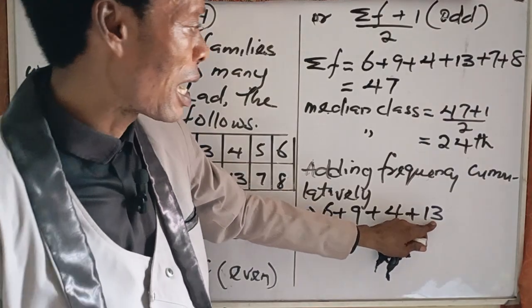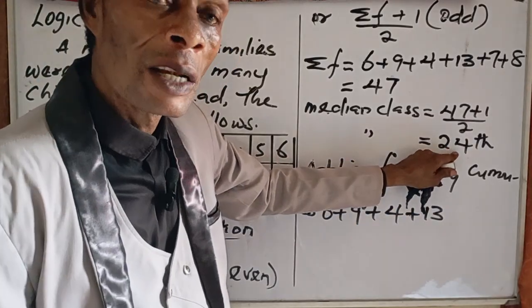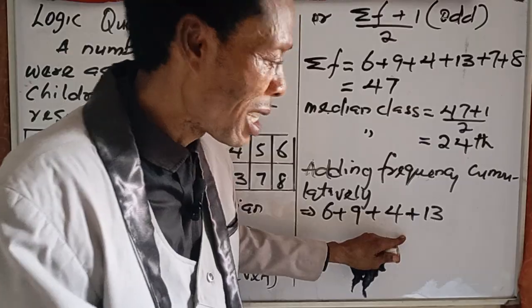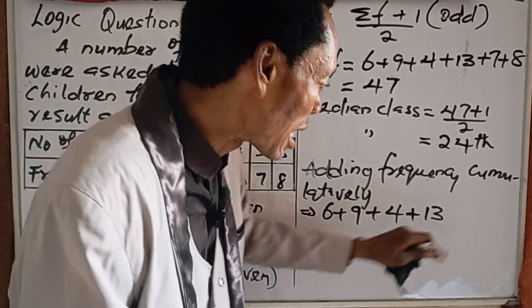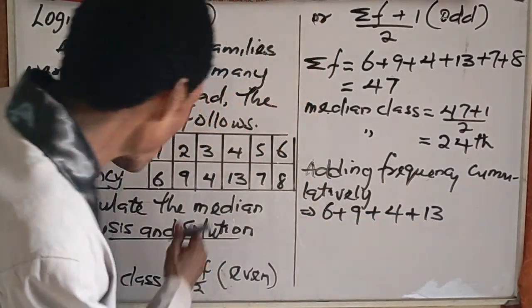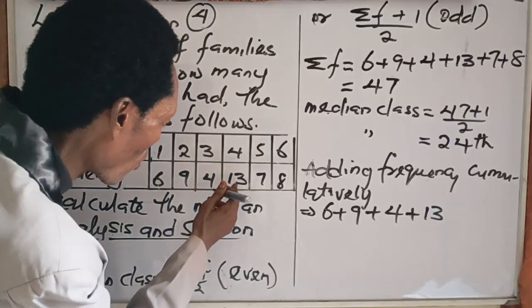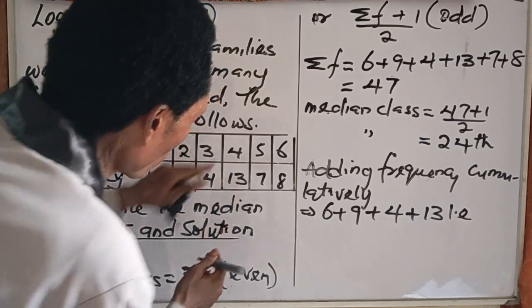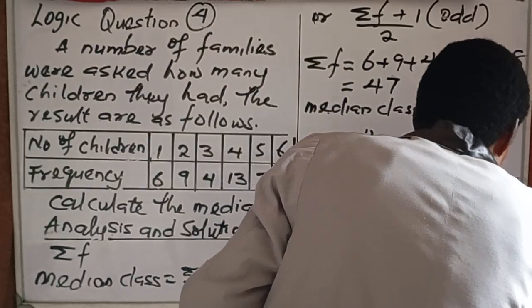It means that the 24th class lies between 19 and 32. This is 1, 2, 3, 4, so that is the fourth column.